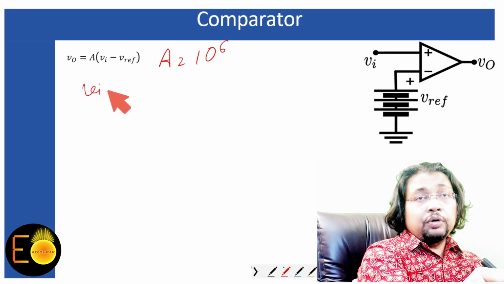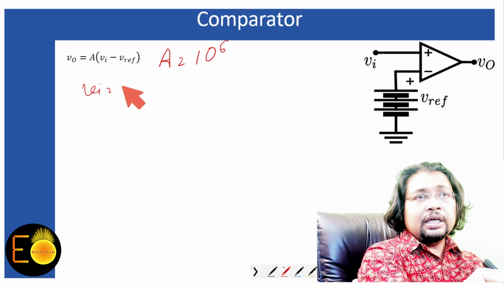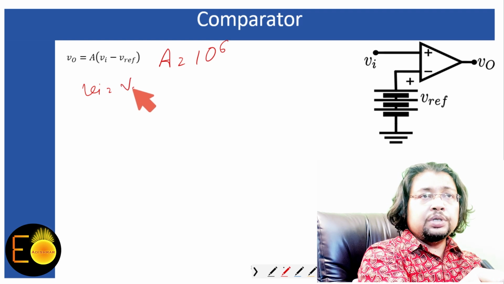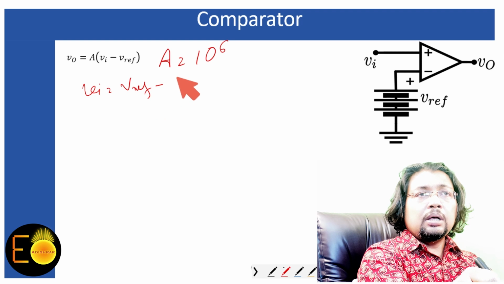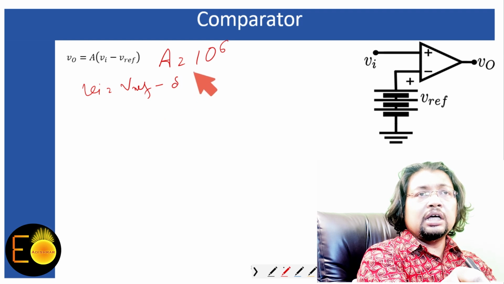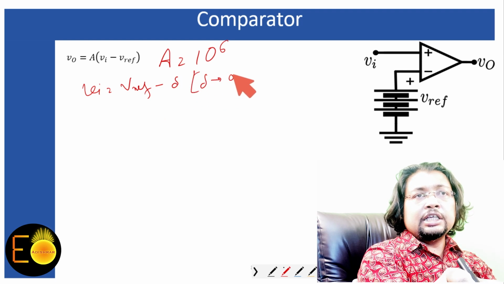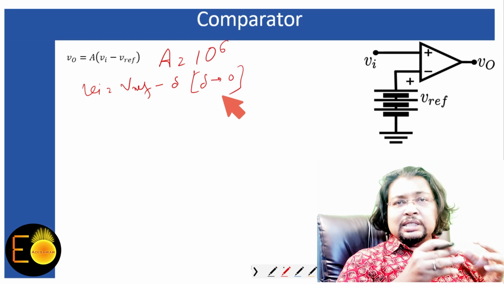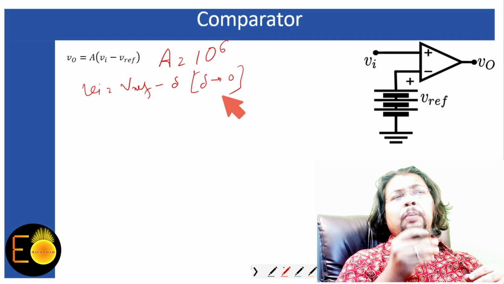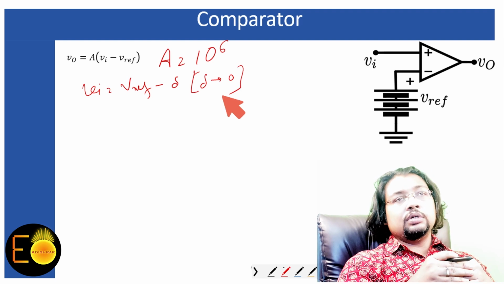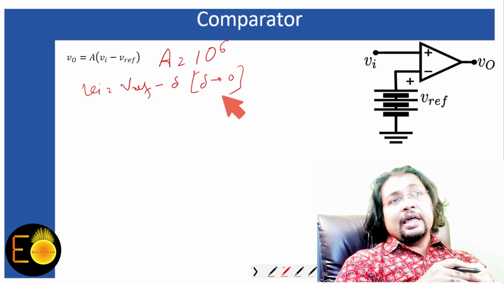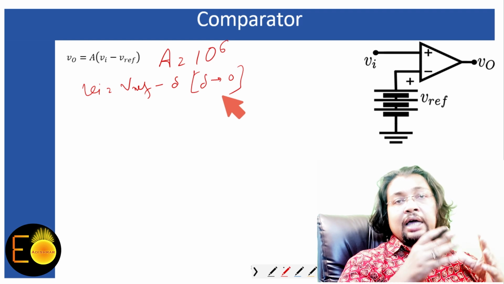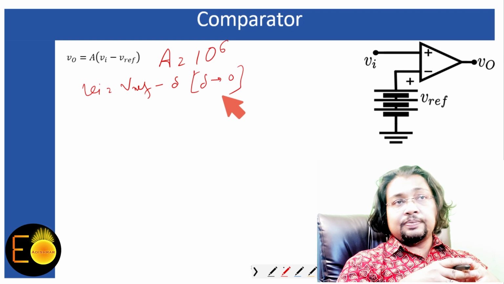And Vi, which is applied at its plus terminal, is a bit less than the reference voltage. So I'm assuming Vi is Vref minus delta, where this delta tends to 0, a very small amount. The input voltage is less than the reference voltage by a very, very small amount. Then what will happen if A is not infinite but finite, though a very high gain, of the order of 10 to the power 6?